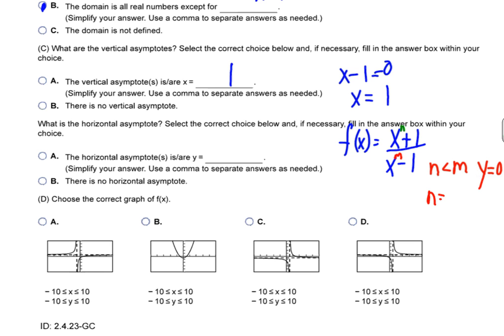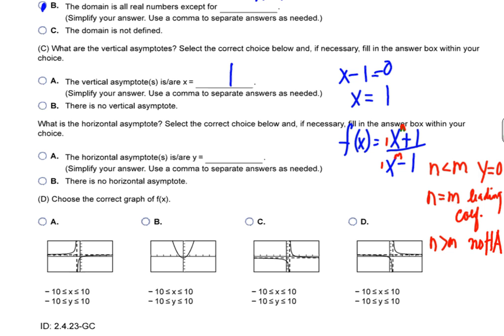If they're equal to each other, then we look at the leading coefficient, and that's going to tell us what it is. What I mean here is the coefficient here and here. And if n is greater than m, then we have no horizontal asymptote.